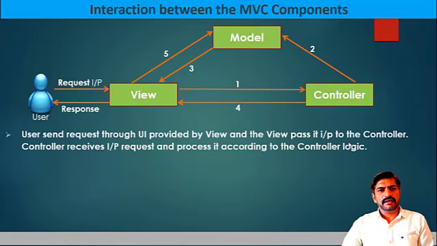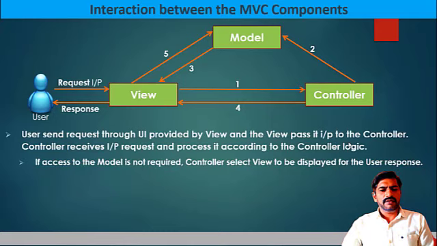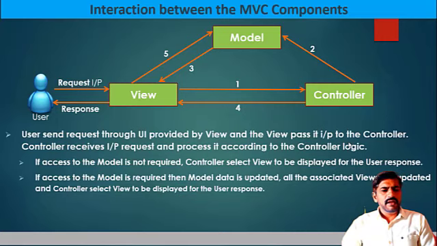That is, the controller contains a number of actions that will be taken depending upon the user request. So if access to the model is not required, the controller selects the view to be displayed for the user response. If access to the model is required, then the model data is updated, all the associated views are also updated, and the controller selects the view to display it for the user response.